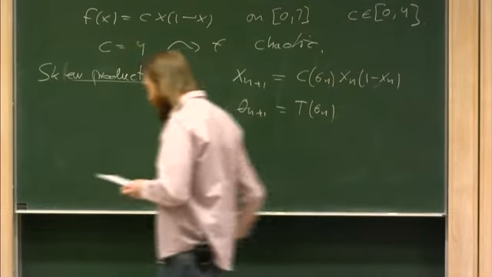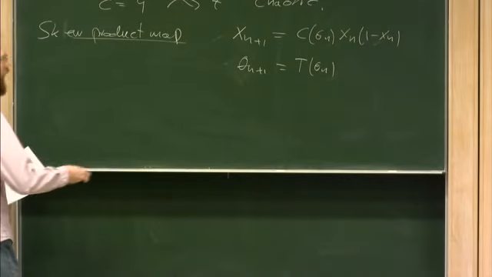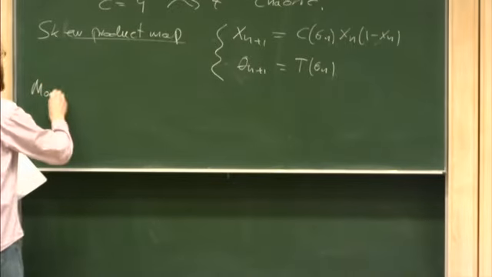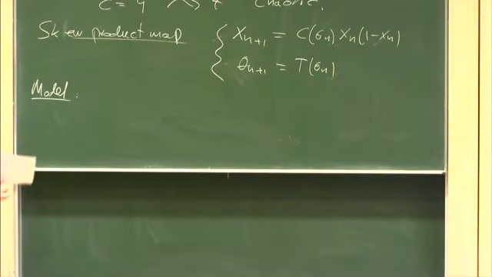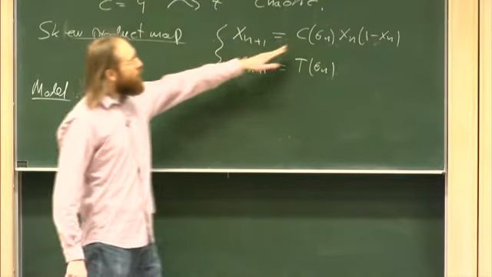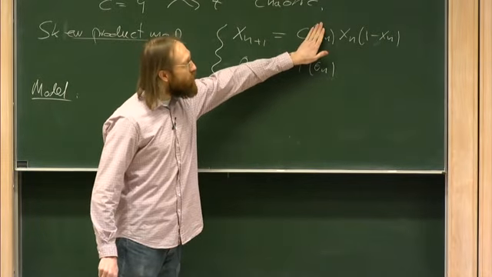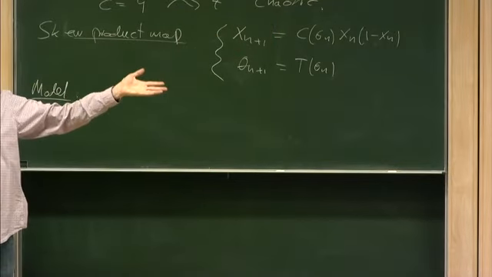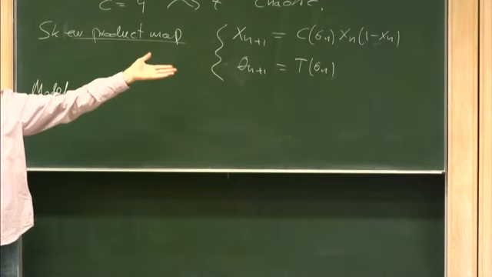The model I want to investigate is the following one. Let me first stress that the dynamics, if this is a constant, is very complicated, and can be extremely complicated. We are far from a complete theory for this.